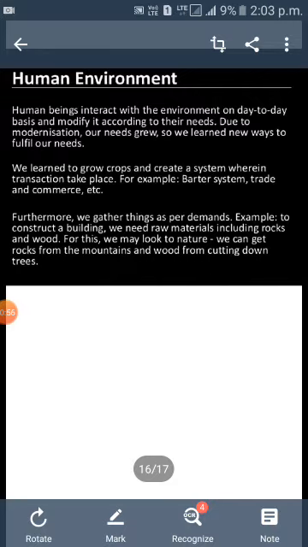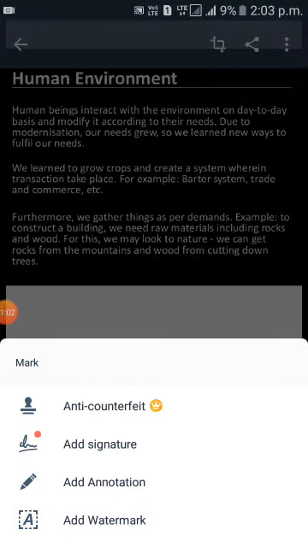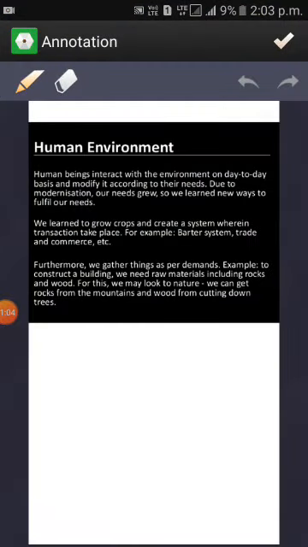Last and most important topic of this environment is the human environment. We have learned that human beings interact with environment on day-to-day basis and modify it according to their needs.